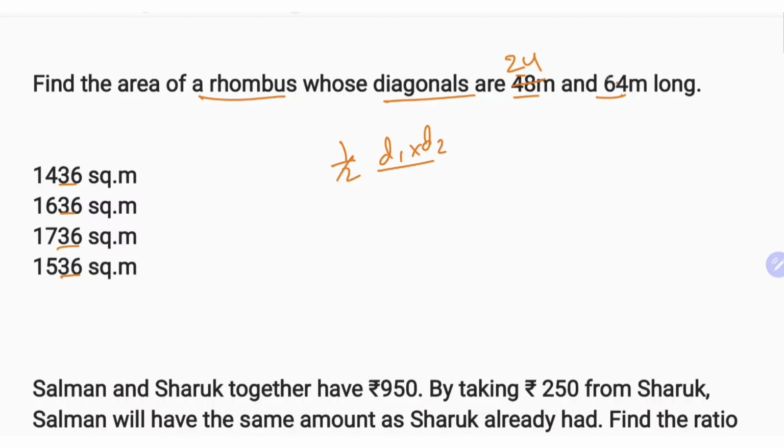Definitely 4 fours are 16, so the unit digit is also 6. So 96, 144, 3, 5, 1. Fourth option. Clear? If the first option is a multiple of 4, you need not calculate the entire process.